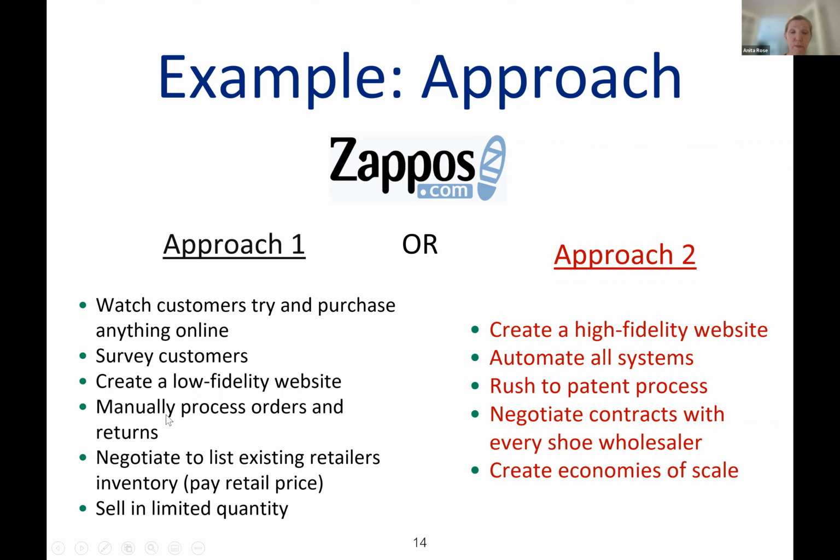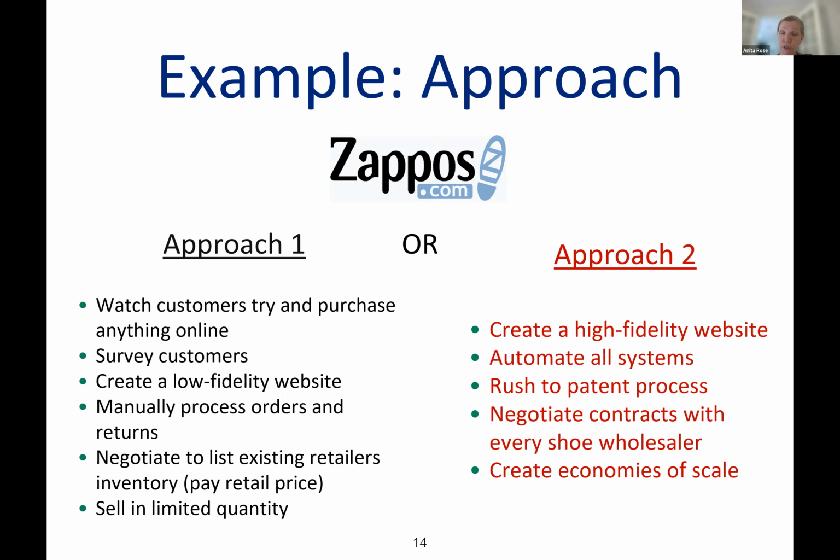So here, what they did was they did create a low fidelity website. When an order came in, they only had a few items available, and those items were available at the local shoe store. So they would get an order, go down to the local shoe store, buy the shoe, package it and ship it.